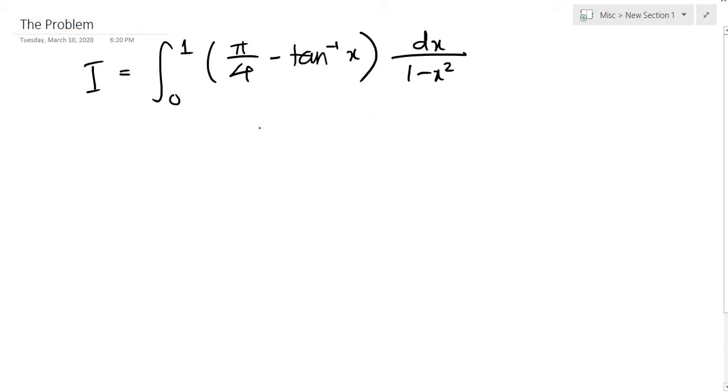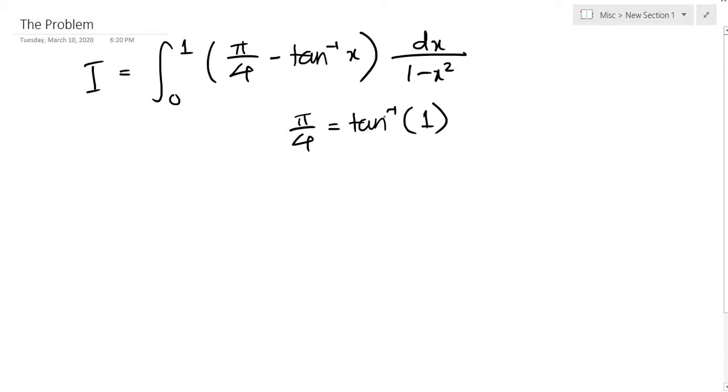So one thing that we can try to do is use some identities, because we have an inverse tangent here. So are there any inverse trigonometric identities that we can refer back to? Well, for starters, we have a pi over 4, right? Can we write that in terms of an inverse tangent? Because this bracket arrangement seems kind of suggestive. So, well, we certainly have an inverse tangent value for the pi over 4.